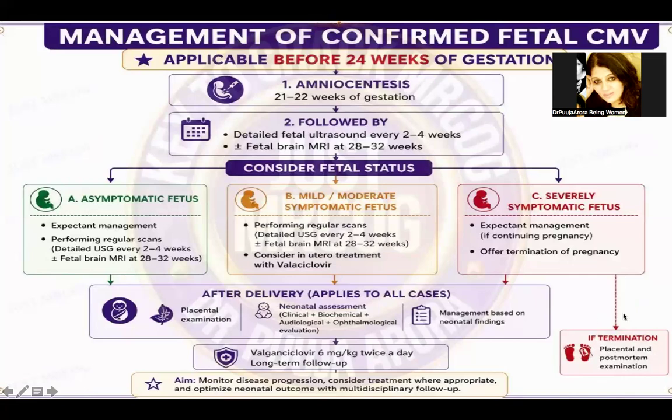Placental examination, which we do in all the cases, whether asymptomatic, whether mild, whether moderate or severe. Why? We do the placental examination to confirm CMV, postmortem only if baby is dead. Neonatal assessment is applicable in all the cases, even in negative amniocentesis.